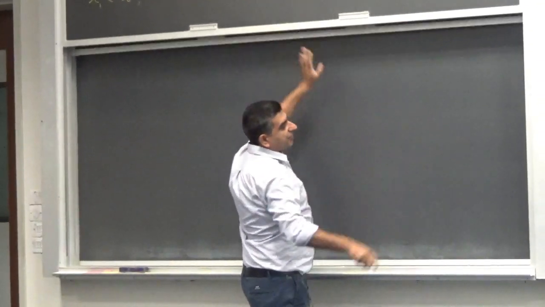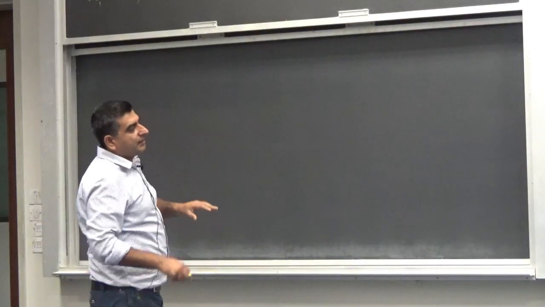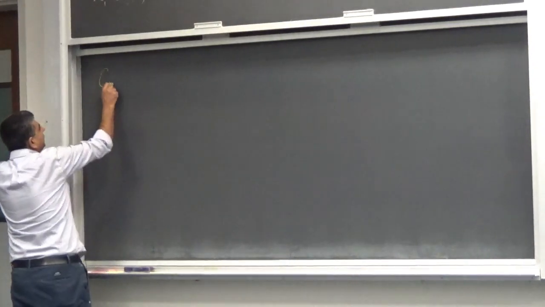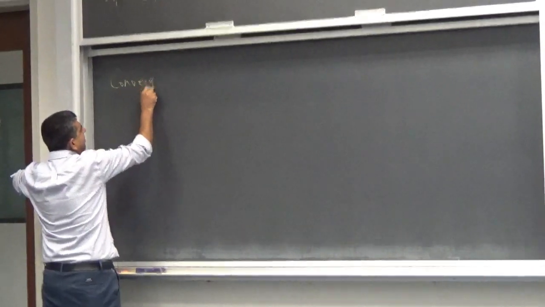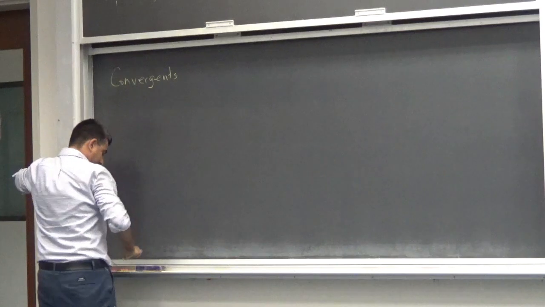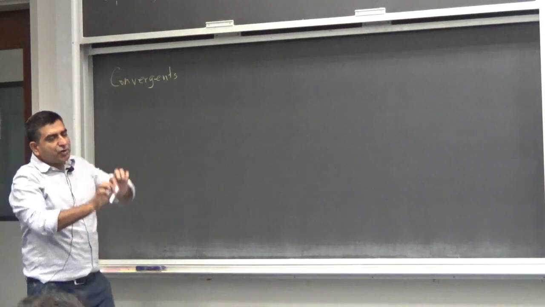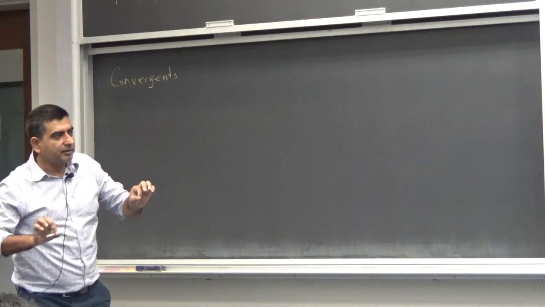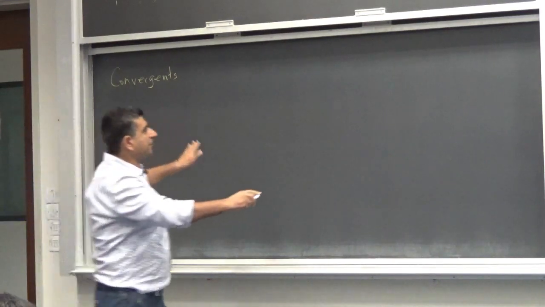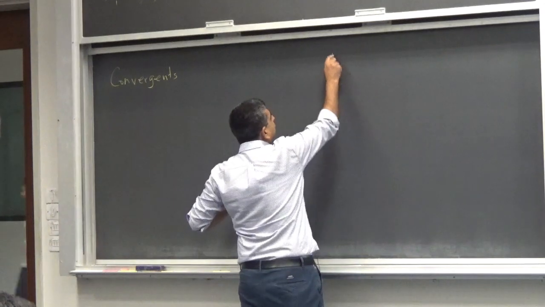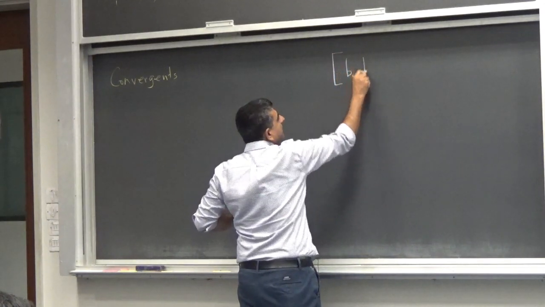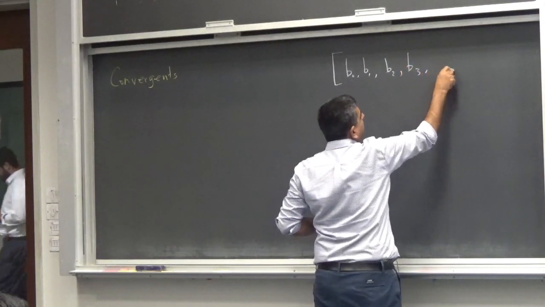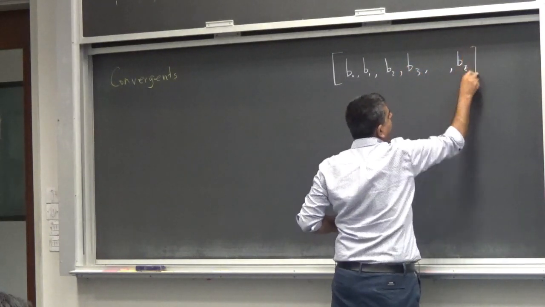And another definition is that I can define the convergents of this continued fraction expansion. The continued fraction expansion can be written in compact form as b naught, b1, b2, b3, and so on.